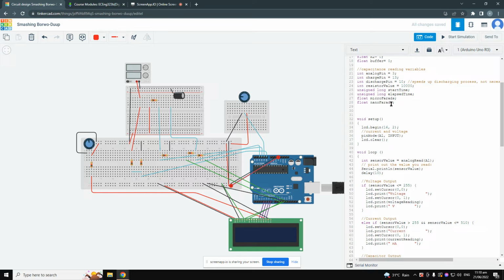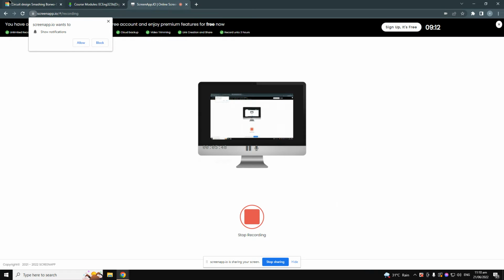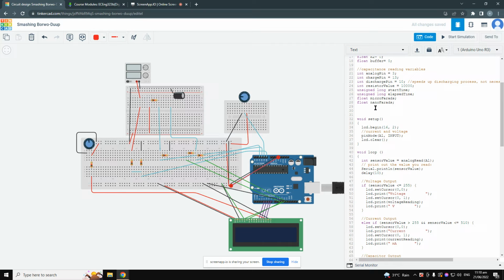Int analogPin equals 3, int chargePin equals 13. The discharge pin is 10, and int resistorValue is 10,000 ohms. Unsigned long startTime, unsigned long elapsedTime, float microfarads, and float nanofarads.